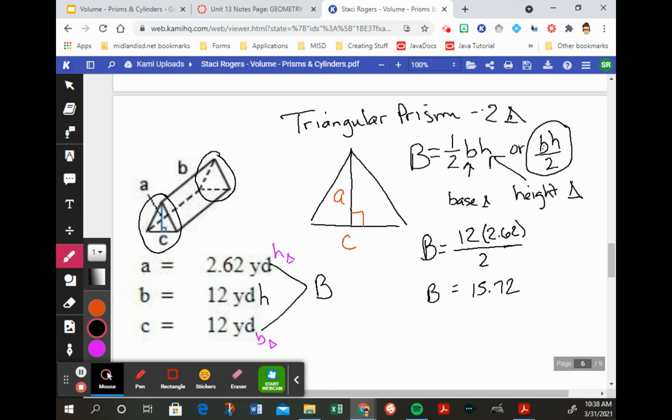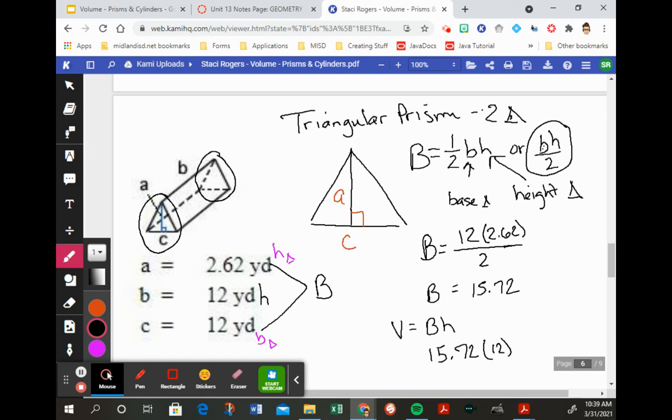So now I'm going to take big B and find volume. Volume equals big B times H. So I'm going to take the 15.72 times the height of my prism, which is 12.